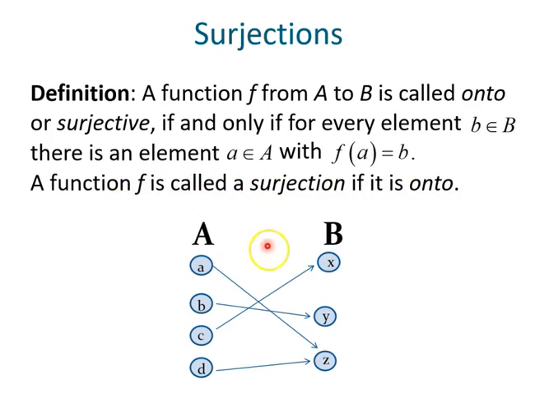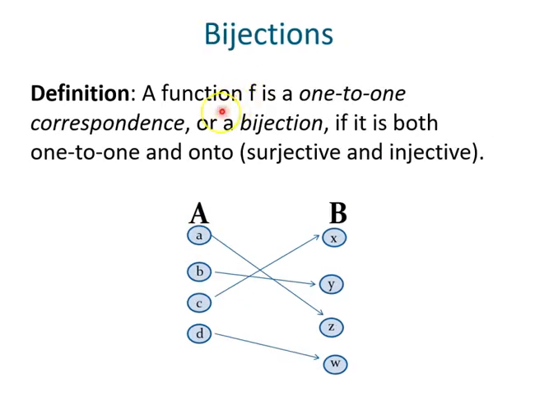In other words, f is surjective if f of the set A is equal to the set B, the codomain. A function f from A to B is a one-to-one correspondence or bijection if it is both one-to-one and onto.